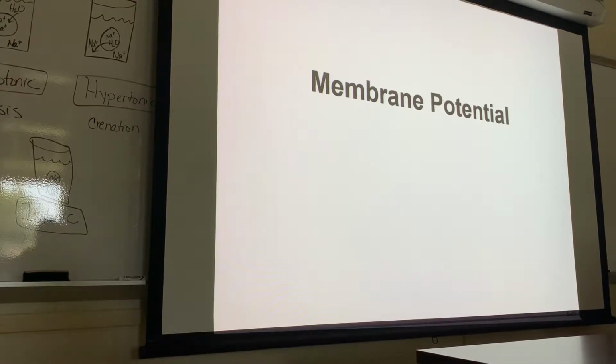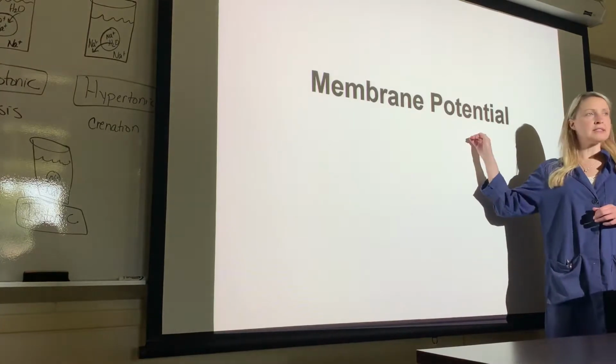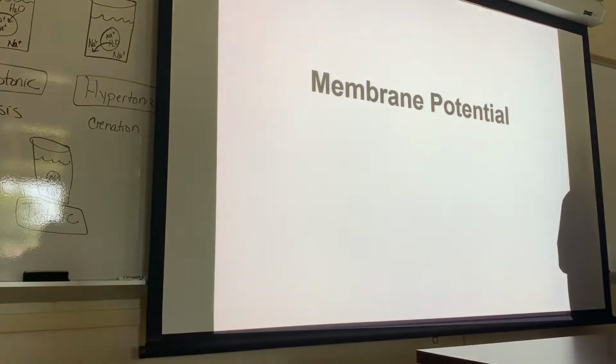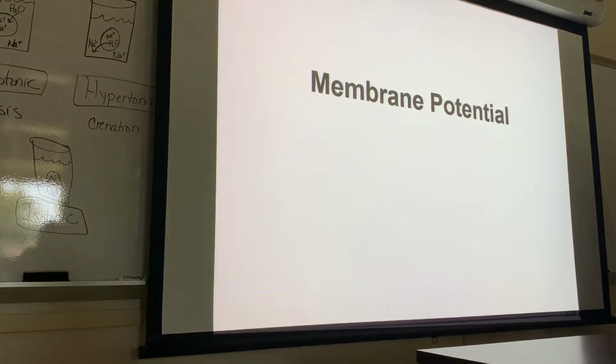Okay, and so this little section of chapter 6 is about how we establish that charge inside the cell relative to the outside. And then the rest of the course, when we talk about the systems, is going to be about how we disrupt that and how things happen ultimately.